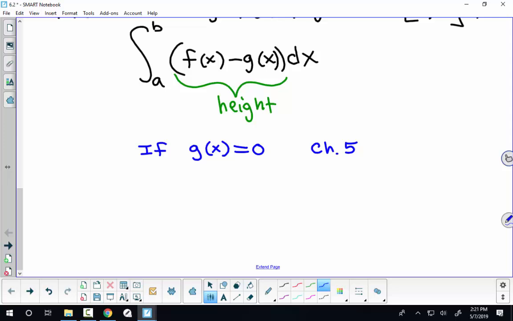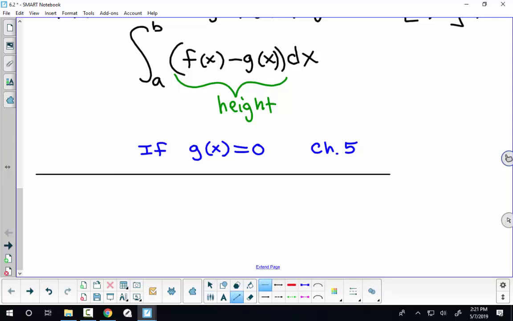Here we're looking at a more general region. Okay, does that make sense? Does anyone have any questions on that conceptually?